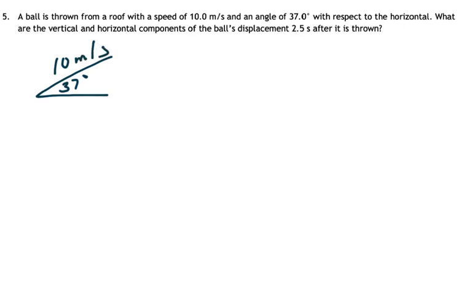And it wants to know the horizontal, so the x, and the vertical, y components of its displacement after 2.5 seconds. So time is 2.5 seconds. So when you do this, what you're going to find is that you're actually standing on the edge of a roof, so you know it's going to be lower.